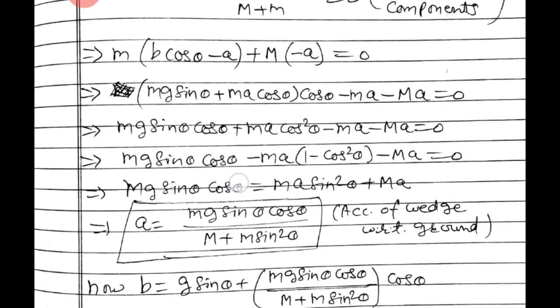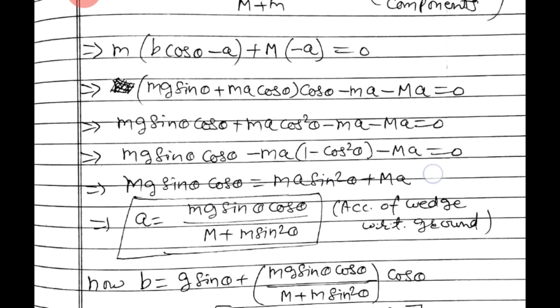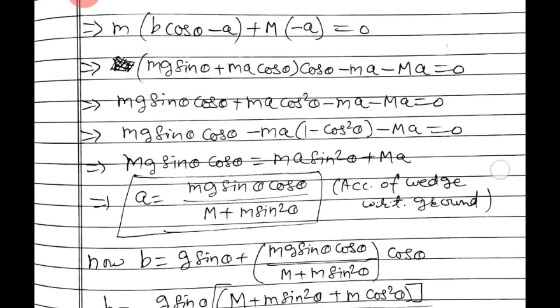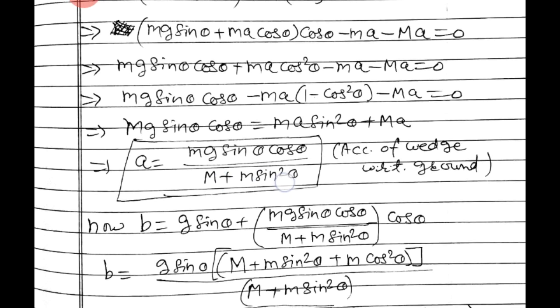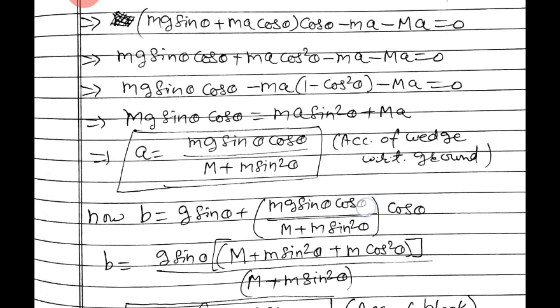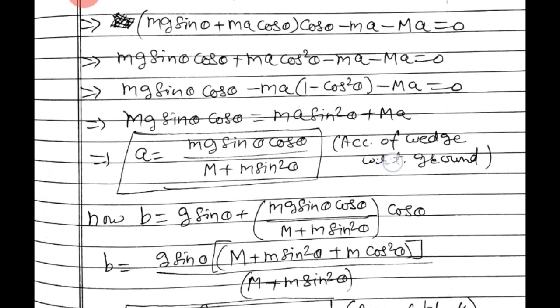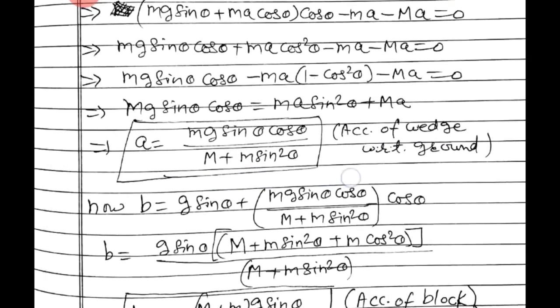Remaining part will be as it is. So from here we will get mg sin theta cos theta, and we will take this part into right hand side. So solving this, we will get small a is equal to mg sin theta cos theta upon (M plus m sin square theta). Here a is acceleration of wedge with respect to the ground. So this is our first answer.